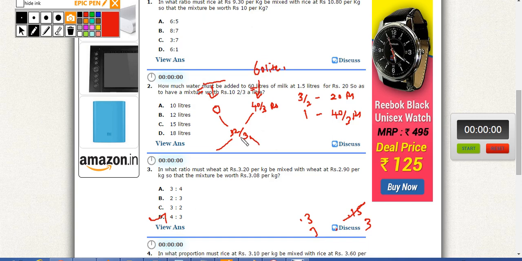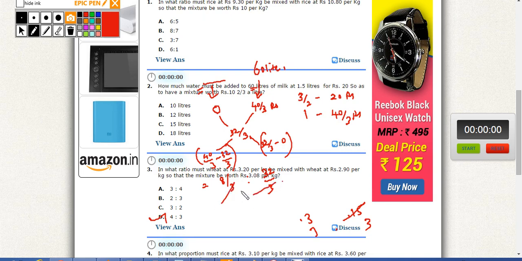So let's do alligation. So this is 32/3 minus 0, and here what do we get? 40/3 minus 32/3. So it comes to 8/3 here, and it comes to 32/3 here.